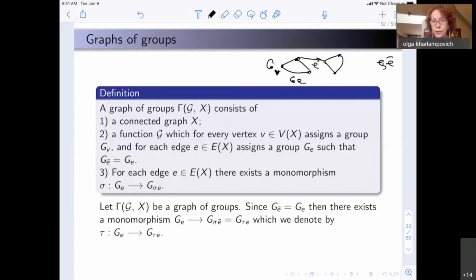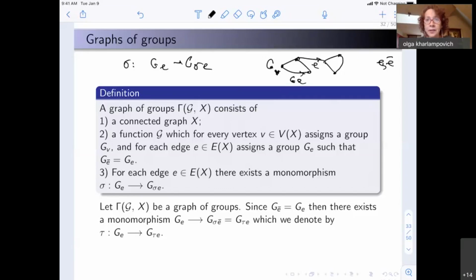And we have a monomorphism, basically an embedding, of GE into G sigma E. Now, since we consider E bar as the edge in the opposite direction, this means that we also have an embedding, so the edge group is embedded into the groups of the original vertex and the terminal vertex of the corresponding edge. So this is a graph of groups.